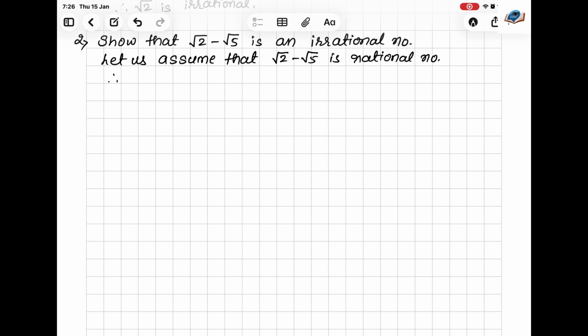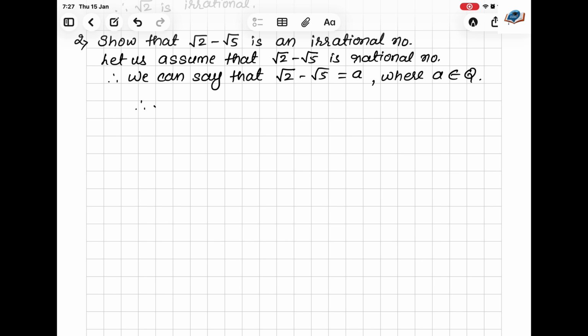So therefore we can say that root 2 minus root 5 equal to a, where a belongs to Q.